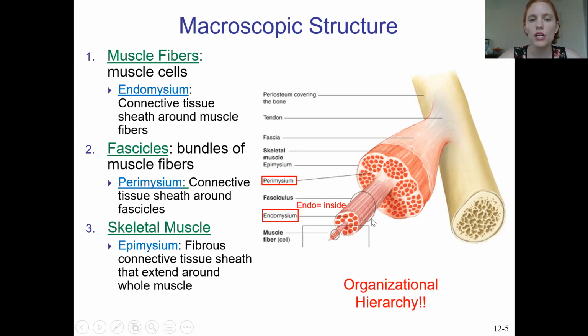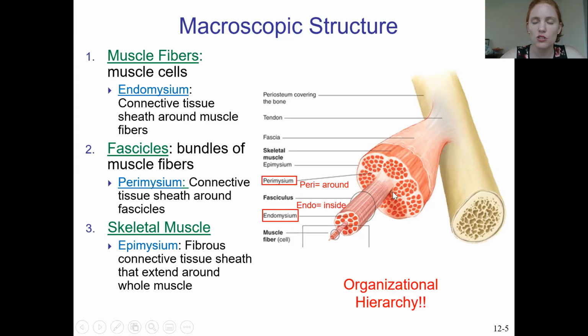And to keep them organized and to protect them, you surround them with another connective tissue layer, which is called the perimysium. Remember, if you see MY, MY means muscle. So mysium relates to muscle. What does peri mean? Peri as in perimeter, around the outside. So those fascicles will be surrounded by the perimysium, mysium muscle, peri around one fascicle.